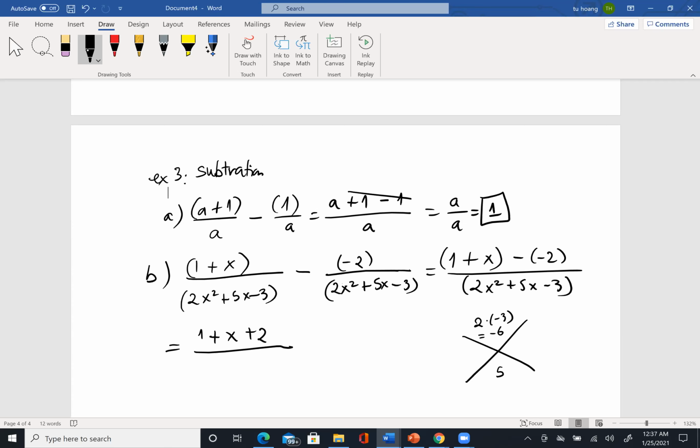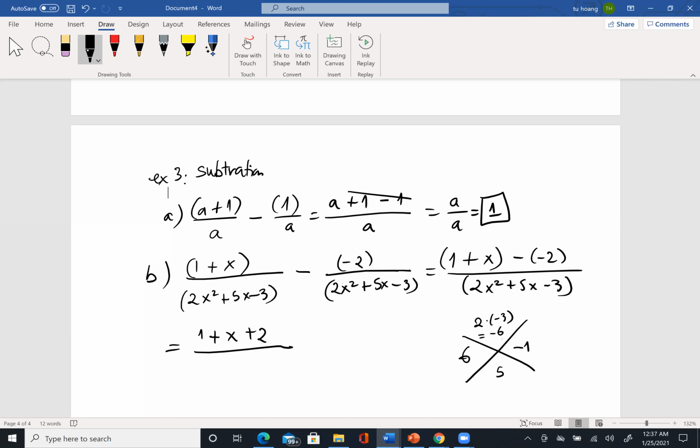We need two numbers that multiply to negative 6 and add to 5. So I'm going to say, no, what is that? 6 times negative 1.